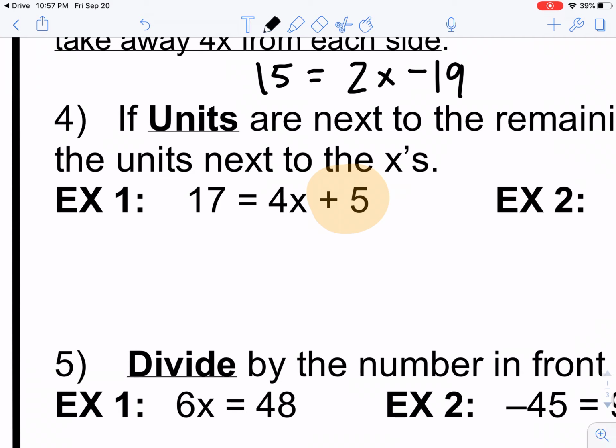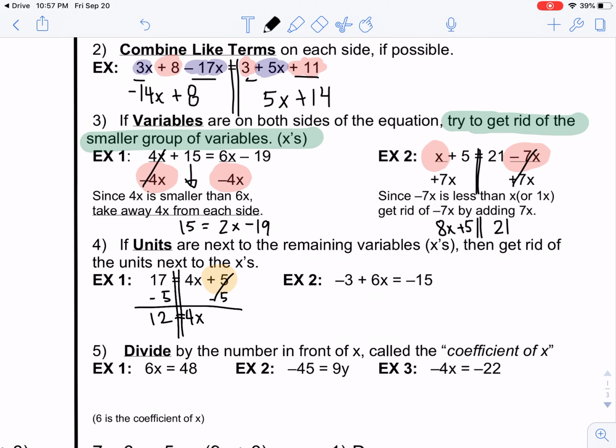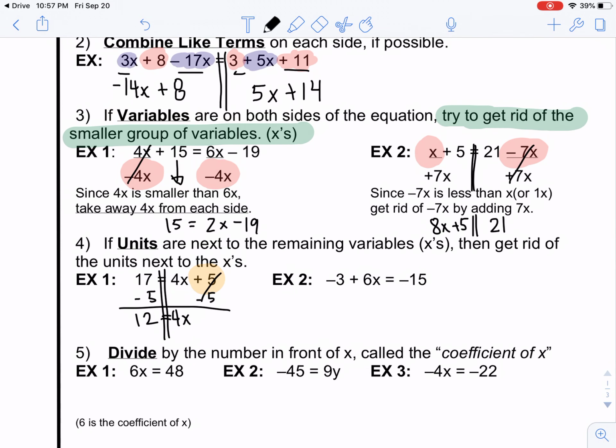So we are going to draw our equal sign and subtract 5 from both sides so that we can get rid of plus 5. And we are going to end up with 4x equals 12. Okay, so we're doing the opposite of step 3 basically. In step 3 we get the variable and we remove it from one side, and then in step 4 we're going to take the units or just the numbers and get them on the other side of the x.